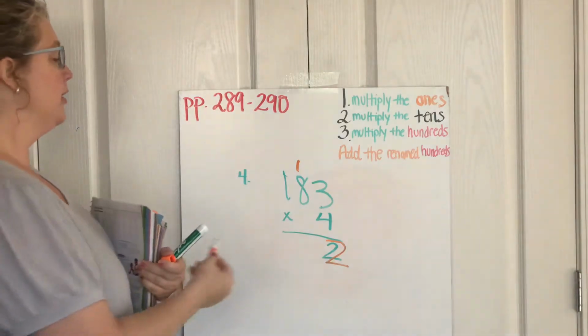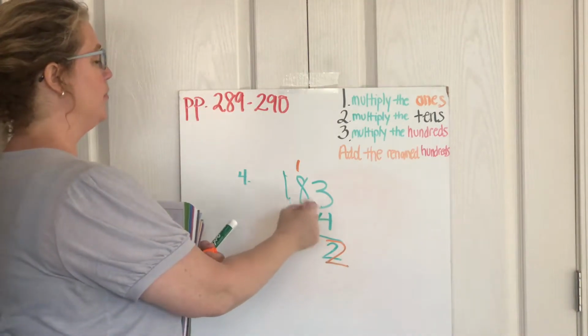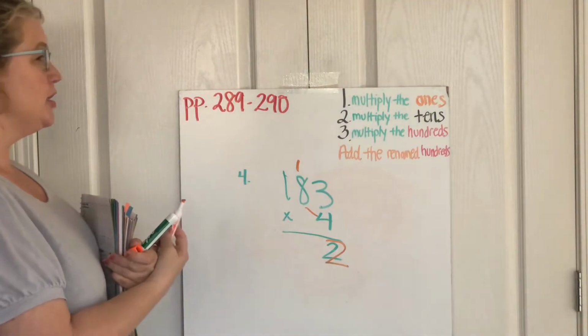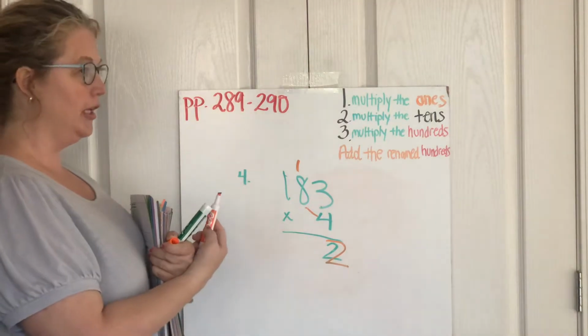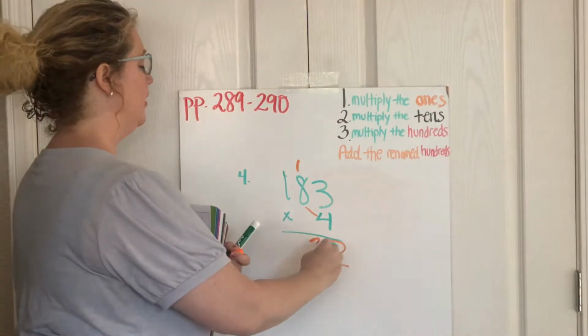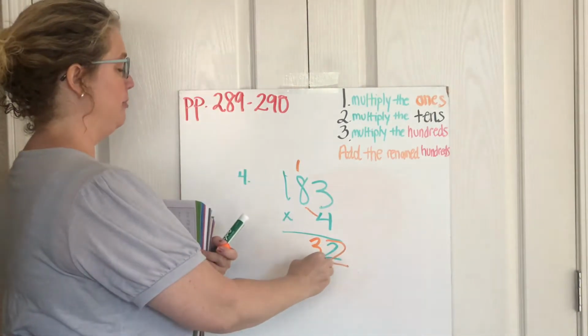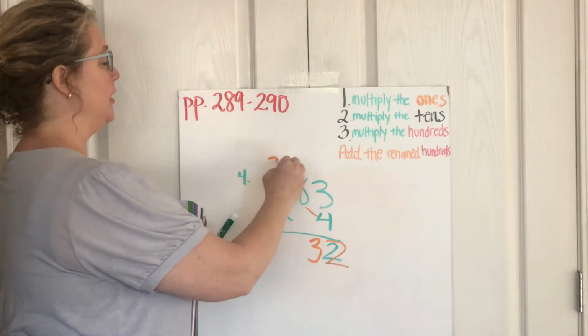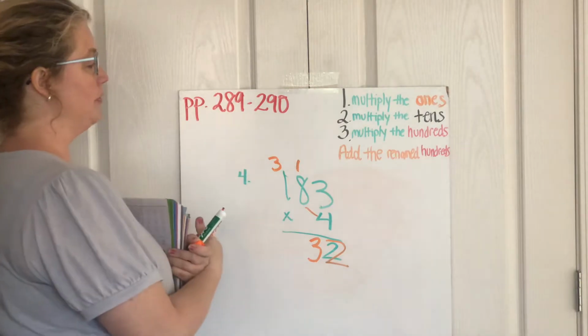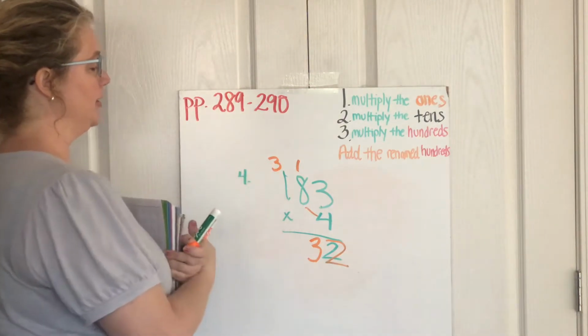And the 1 up there, multiply the tens. 4 times 8. 4, 8, 12, 16, 20, 24, 28, 32, plus 1, 33. I put the 3 tens here and the 3 hundreds here. So I've renamed the hundreds, right? By putting the 3 there.